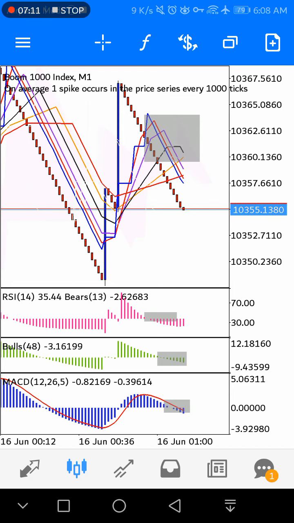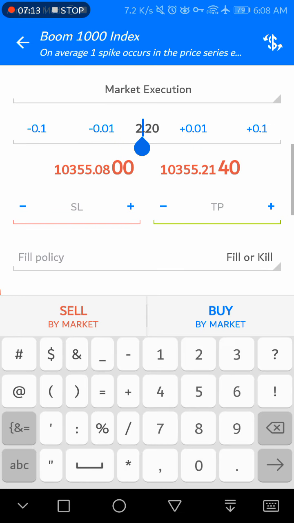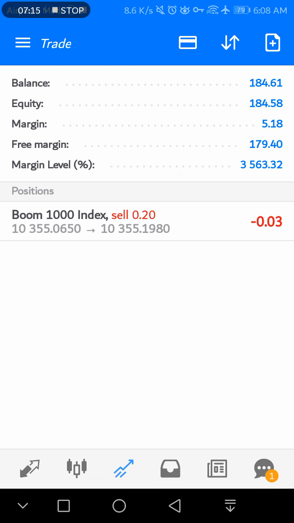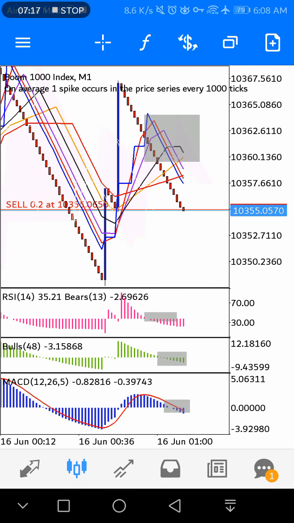You can go for a sell trade. Okay, guys, so this is the strategy. I hope you understand clearly and milk this strategy. Just go for 3 candles or 5 candles, and once done, simply close your trade.